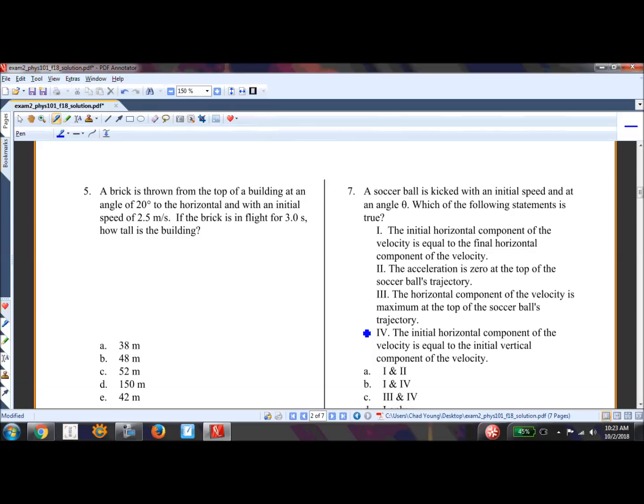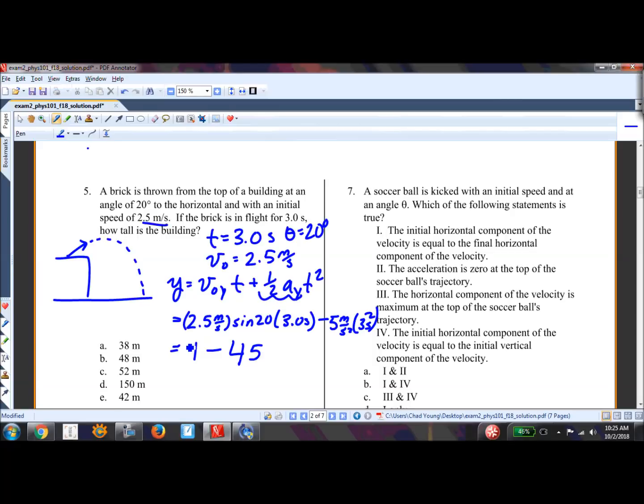Sorry about that, I made a mistake here. This isn't 1, this is actually 2.6 minus 45, and I get minus 42. That means that this height is 42 meters. It's negative because this is 0, this is minus 42. So E is the right answer for number 5.